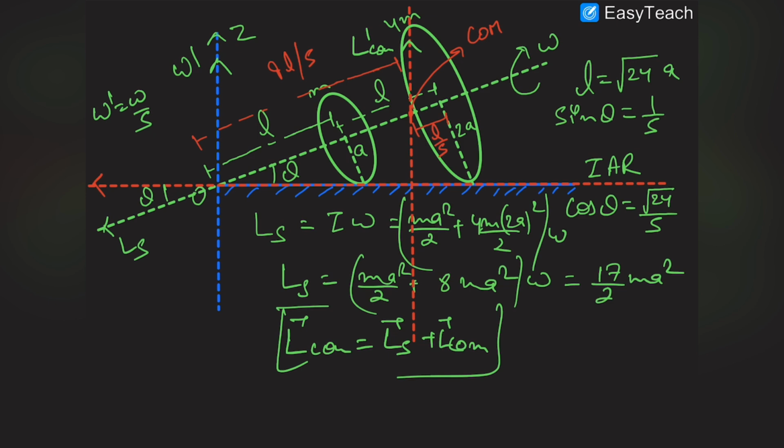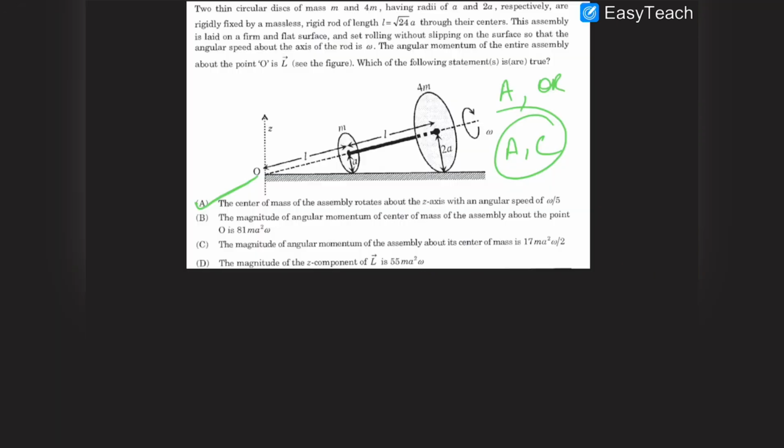So to say that the angular momentum of this system about COM is only this would be the wrong choice. According to me, C should not be the correct answer. But JEE has given full marks to those students also who have marked only A, because according to them the C option is also incorrect in a sense.